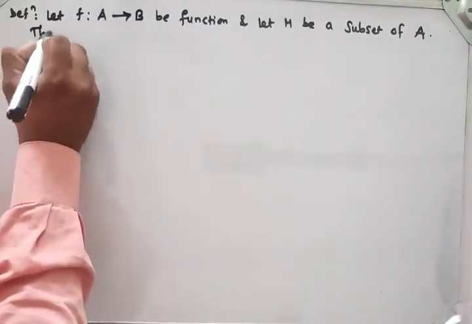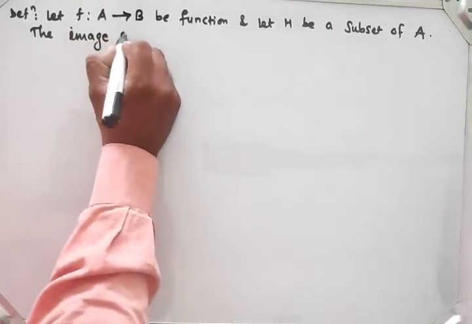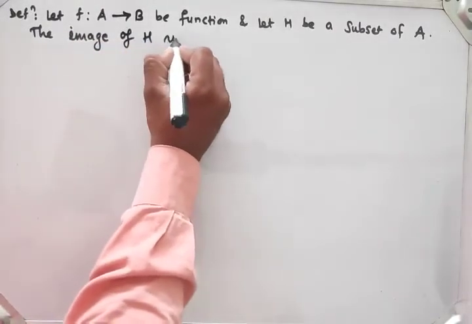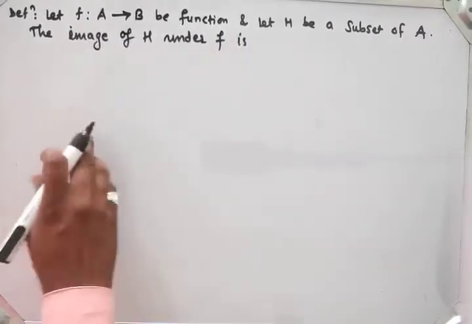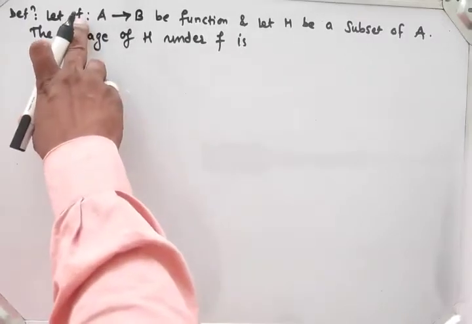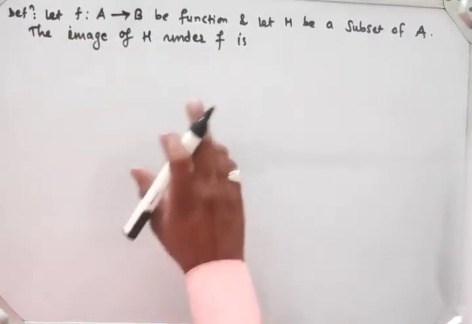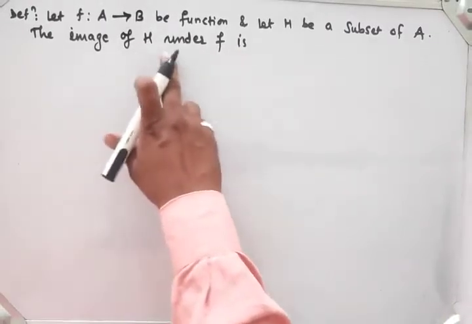Then the image of H under function f is, so we have function f from A to B, A is the domain, B is the codomain, and H is a subset of A.